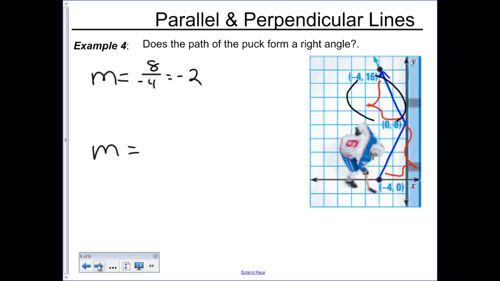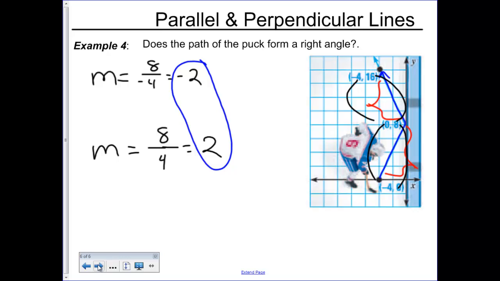And the second one is 8 minus 0, which is 8, and 0 minus negative 4, which is 4, and that gives us a slope of 2. Yes, they are negatives of each other, but they are not negative reciprocals. So these lines are not perpendicular to each other. So will they form a right angle? The answer is no, they will not form a right angle.